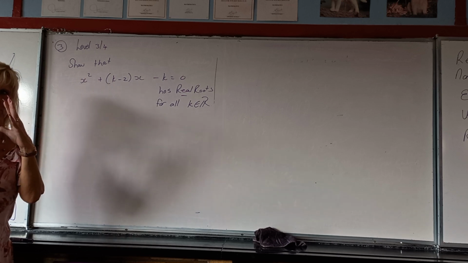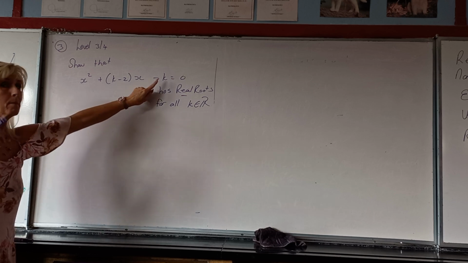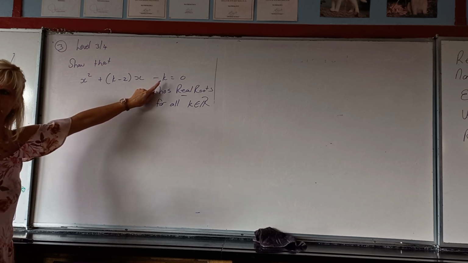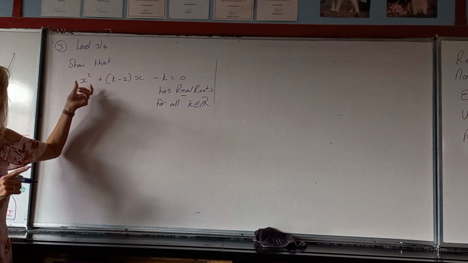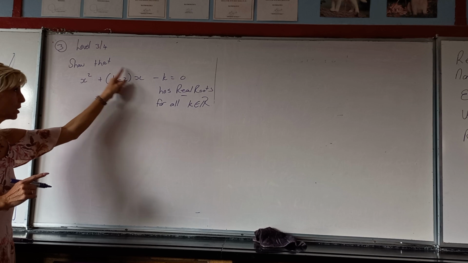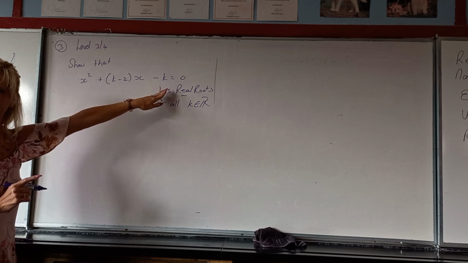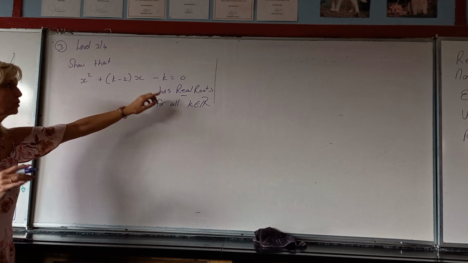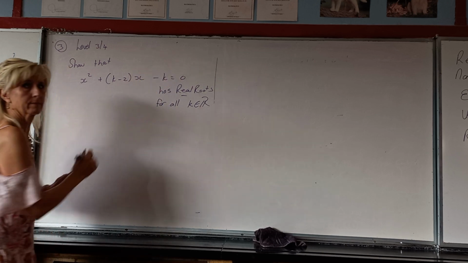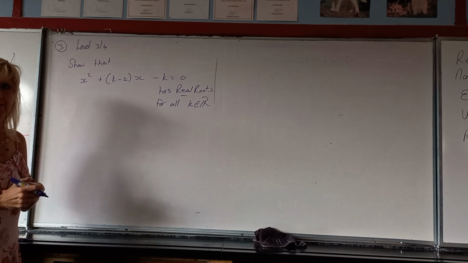And C, minus k. Remember what a, b and c are. A is the value in front of the x squared. B is the value in front of the x. C is anything that doesn't have the x. Everything that doesn't have the x in.